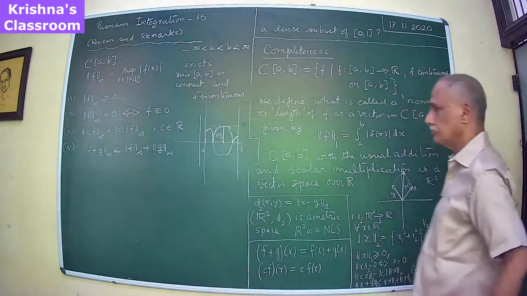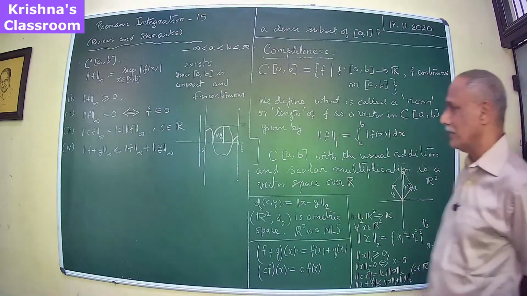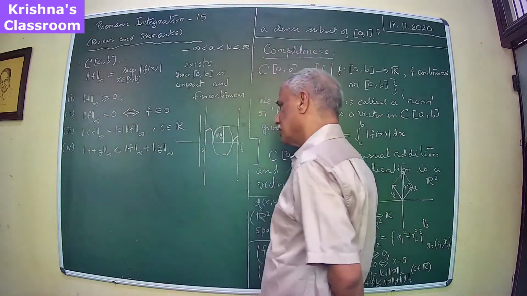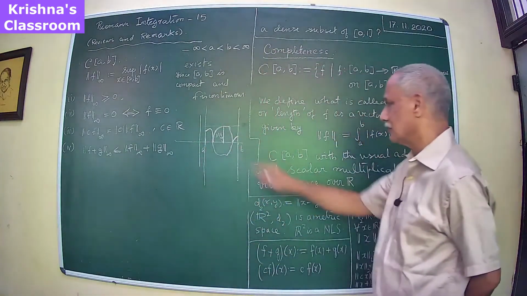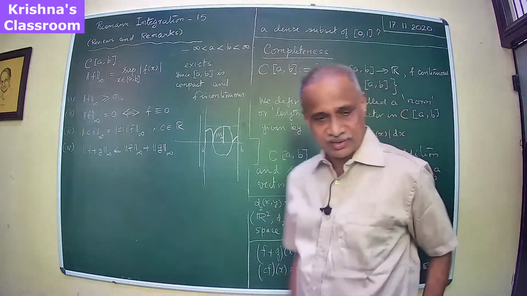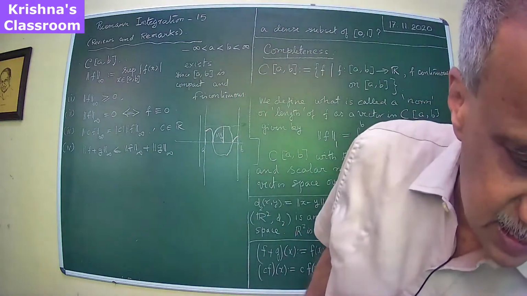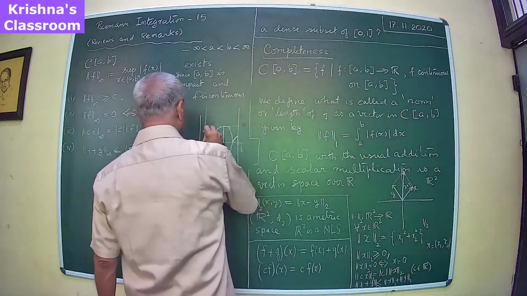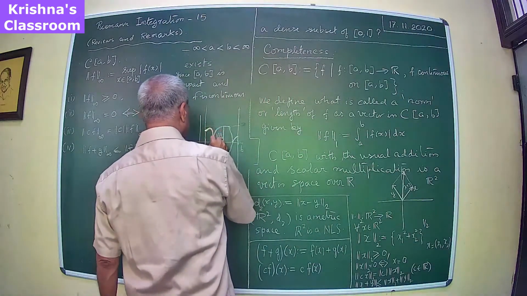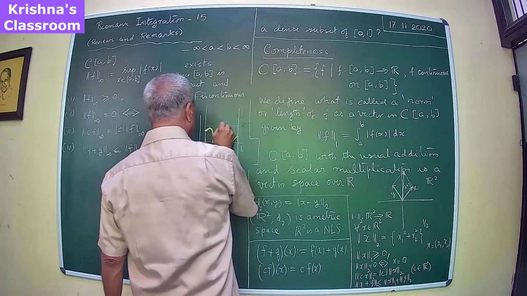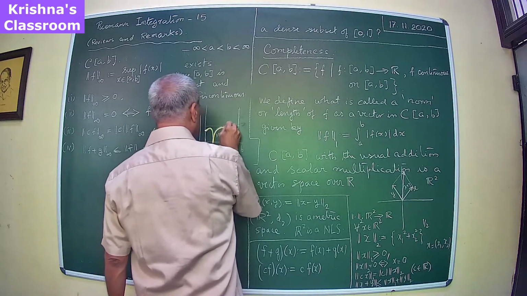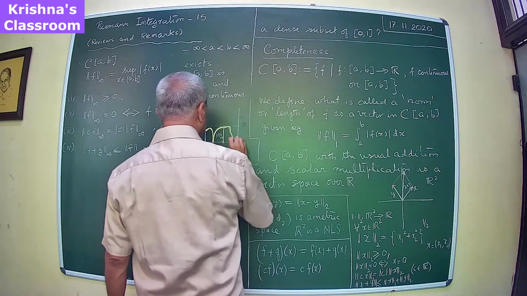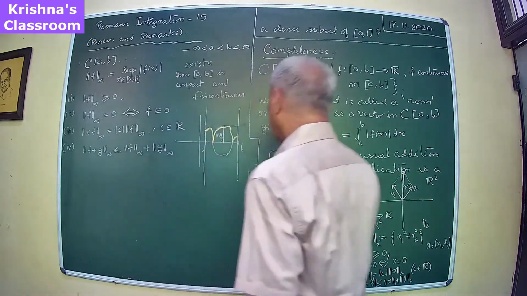That's the norm. And you can easily see that if the norm of f is equal to 0, then f is identically equal to 0, and so on. All these properties can be verified. This is the reflection of this portion over that.